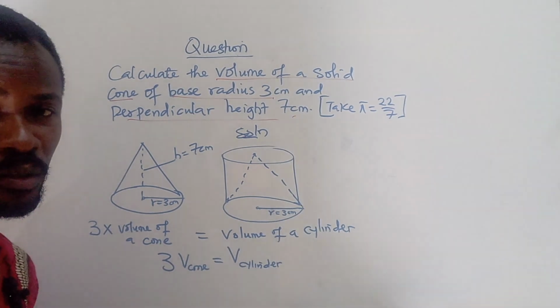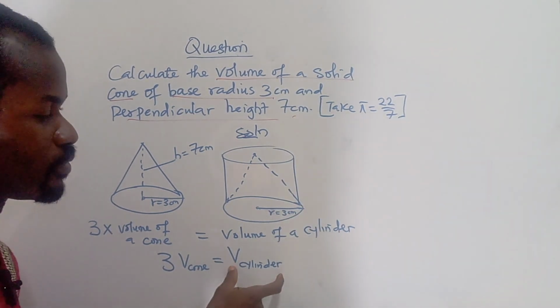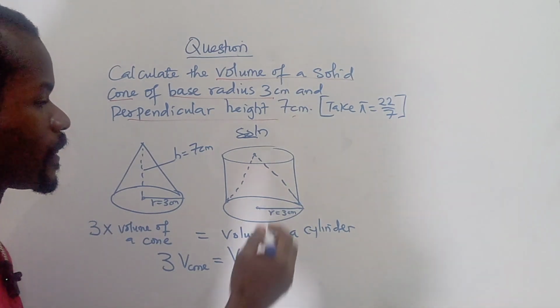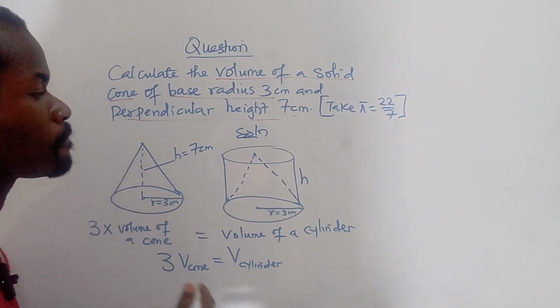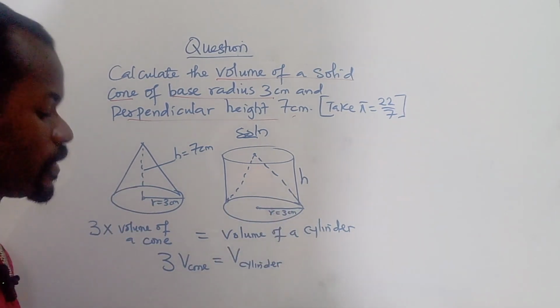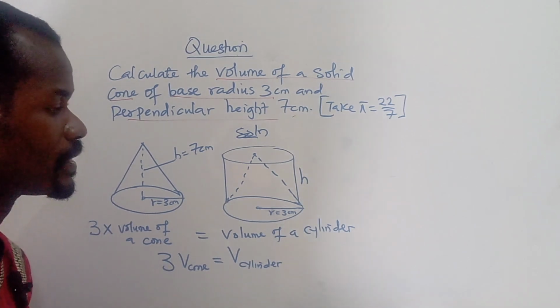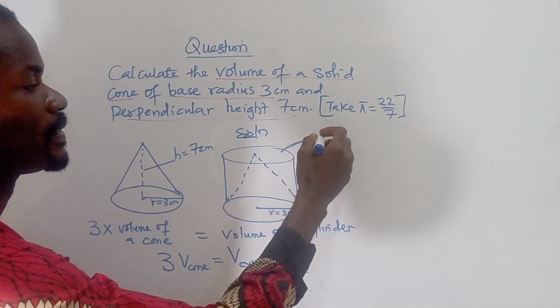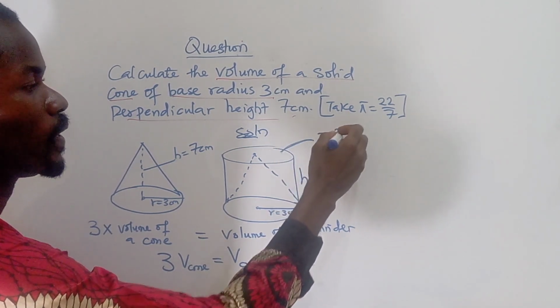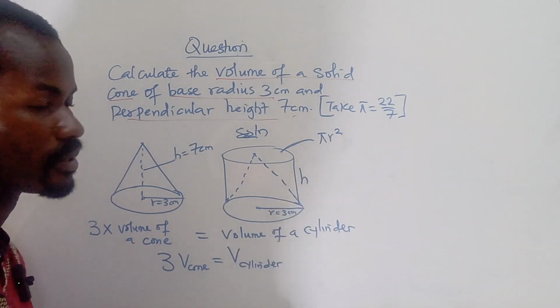Now, what about the volume of the cylinder? How do we get the formula for the volume of the cylinder? Now, the cylinder has this height which we have here, and it also has the same radius. For the volume of a cylinder, let's say this area is pi r squared, times the height.